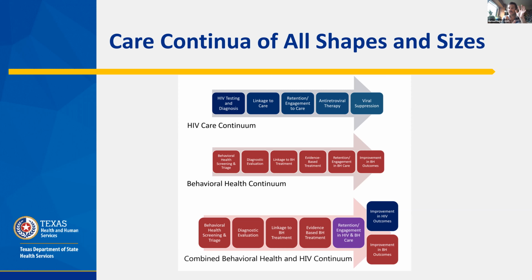We need to think about a framework that is about making sure that people are retained in both. And in fact, theoretically, people who are retained in behavioral health will be easier to retain in medical care. And that is in the literature ad nauseum. Then it makes sense. It will have improvement in both HIV health outcomes that are driven by improvement in behavioral health outcomes. So I would encourage you to think about this with your stakeholders.